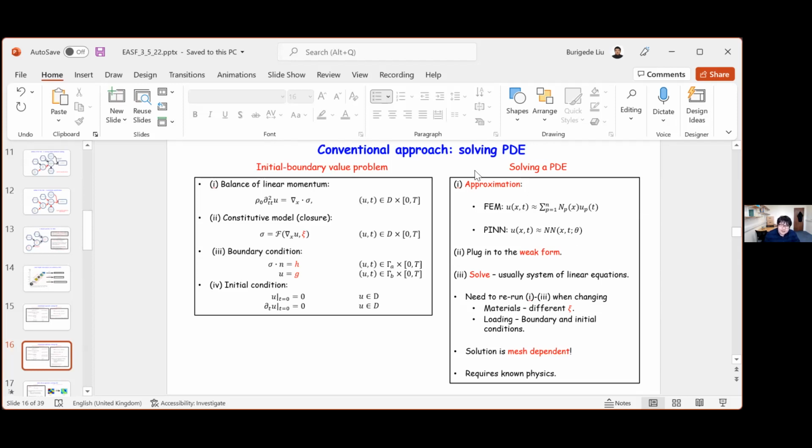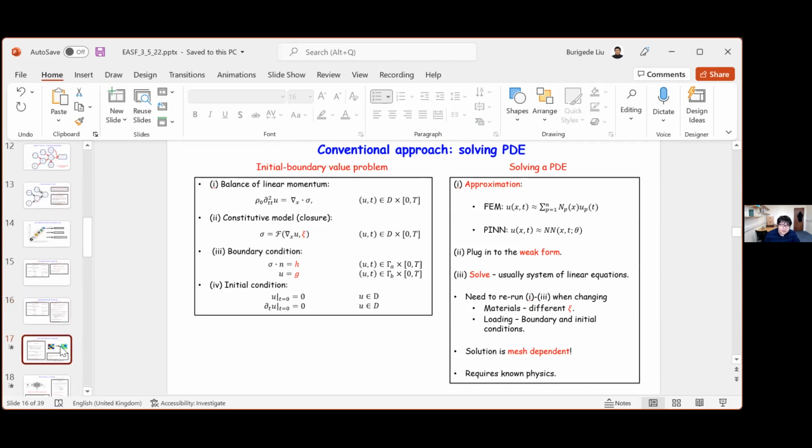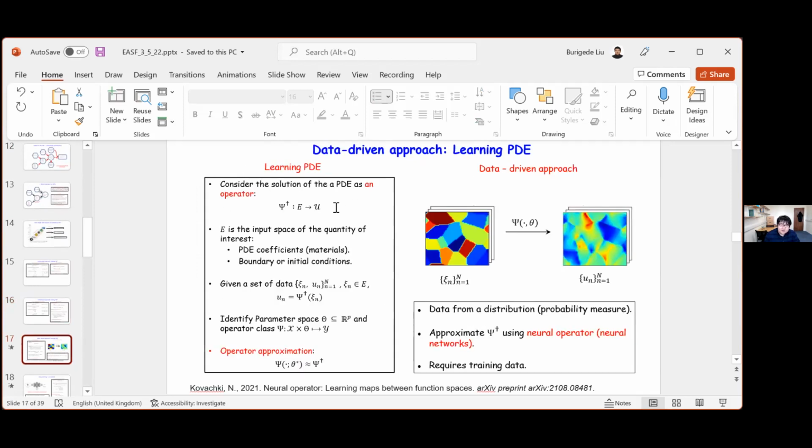But this kind of thing is very different from a neural network or data-driven approach. Here we need data. Of course, it's a drawback, and we need a lot of general training data. But the good thing is that we don't need explicitly known physics. Partly known physics or even fully unknown physics is fine, as long as we have enough data which embodies the true physics inside it.